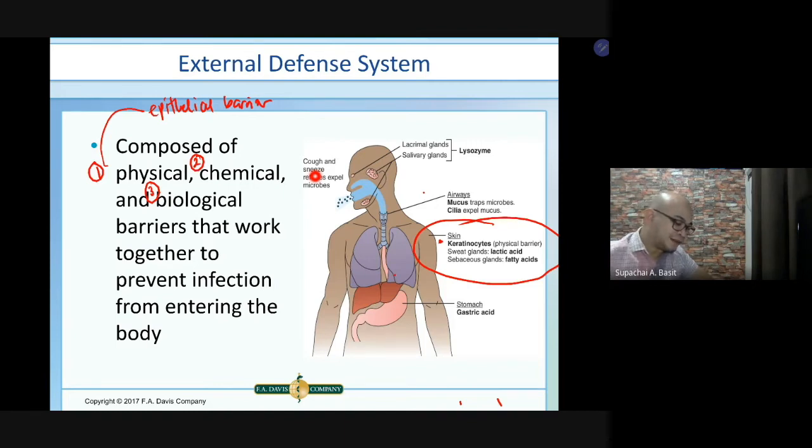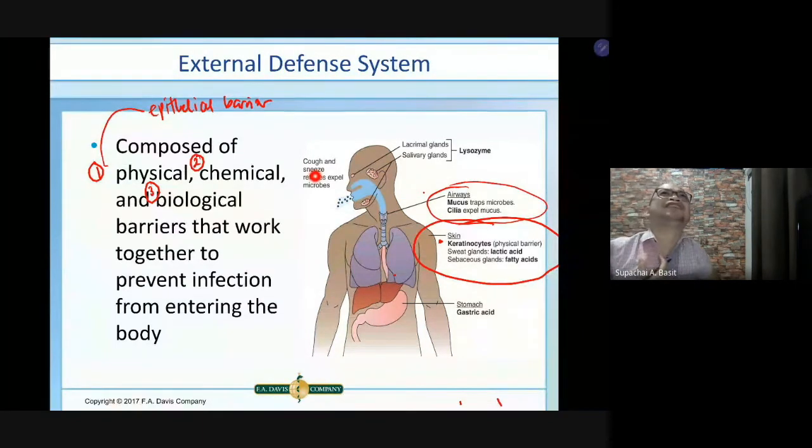Another physical barrier could be the respiratory airways, because here we have the mucus, which can trap the microbes, and cilia, which can expel mucus. Whenever we have infection, let's relate it to COVID-19.